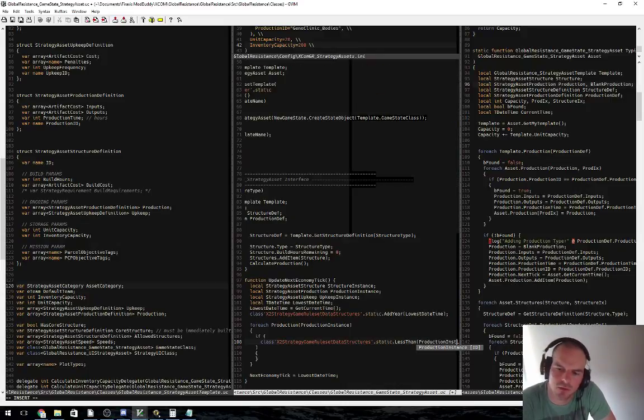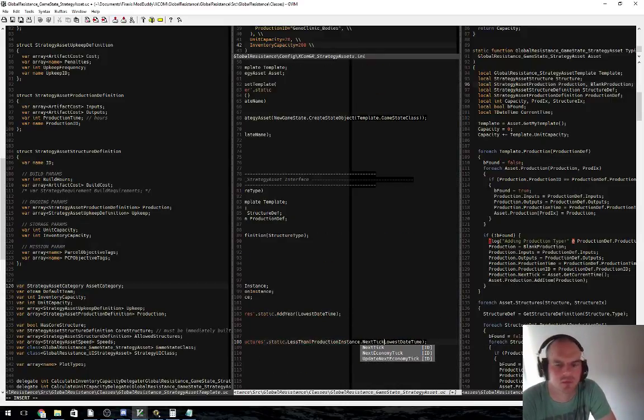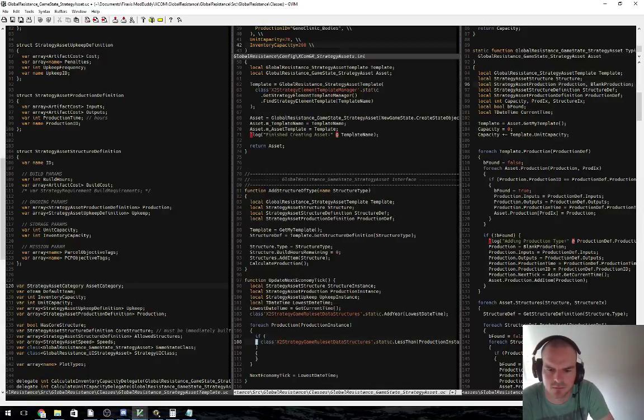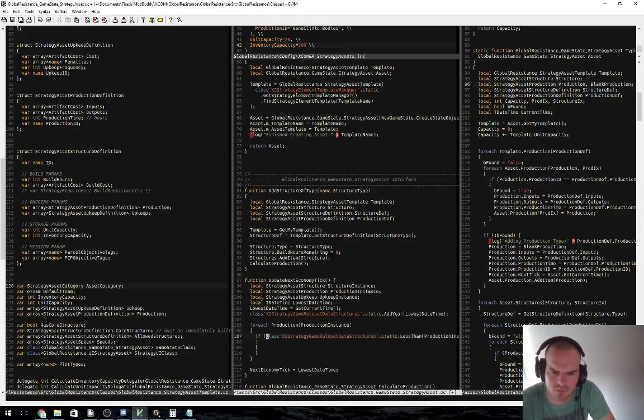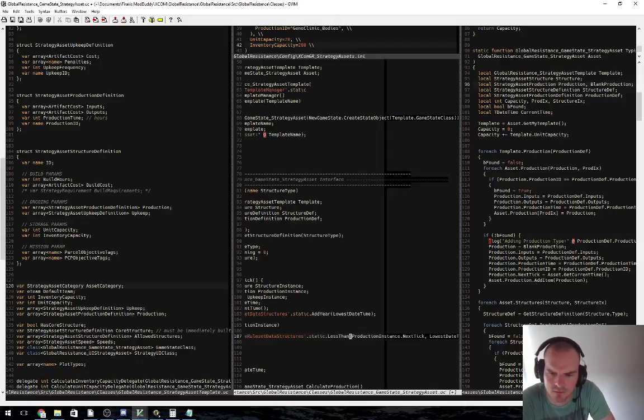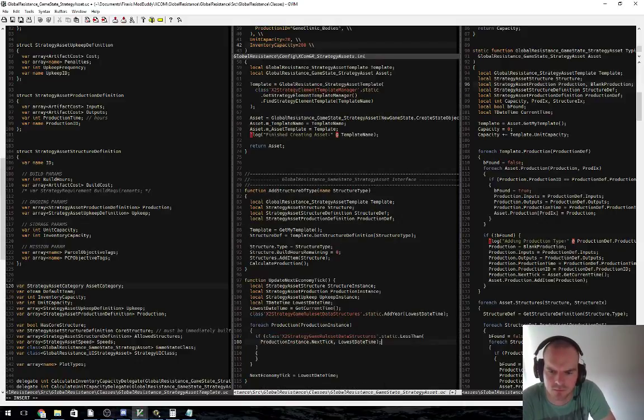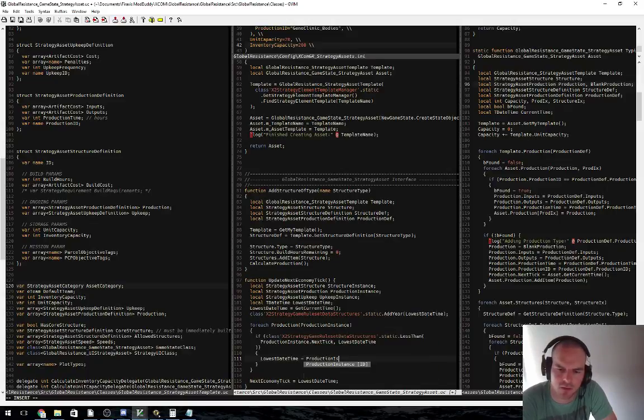Production instance dot next tick. Okay, so if that's the case, then lowest date time equals production instance next tick. Alright, run through upkeep, do the same thing.